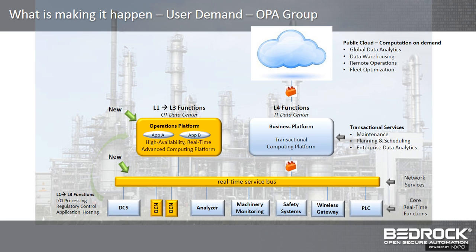Again, this is from the OPA group, the user group. This is some of their earlier architecture drawings. And the OPA group is represented by some of the largest users of automation in the world. If you take a closer look, you can see from their vision from just a few years ago, it really could have been called the industrial internet of things for petrochemical, with an early call out to the cloud, because you see a very flat real-time bus.